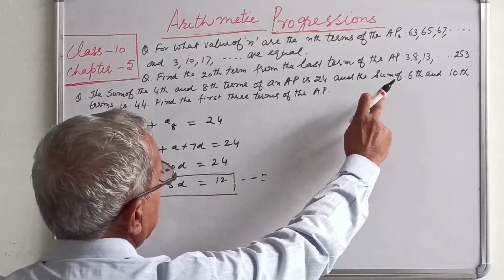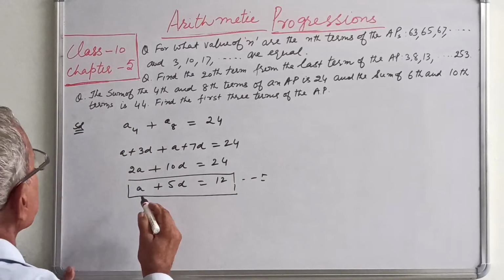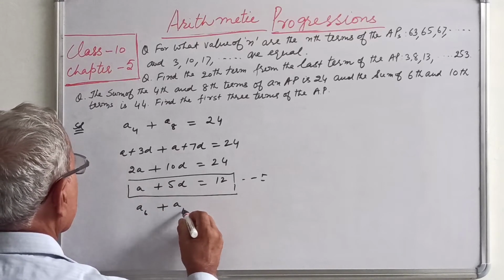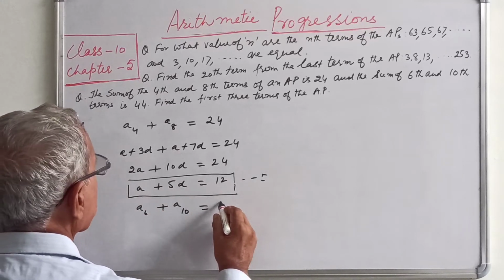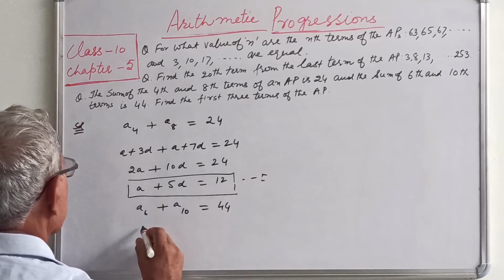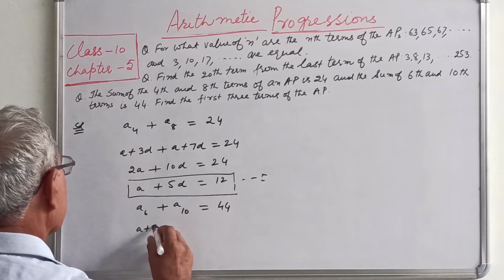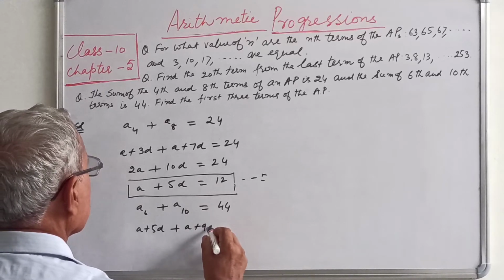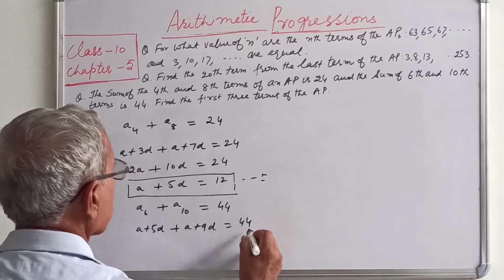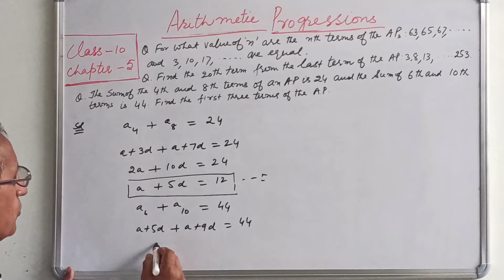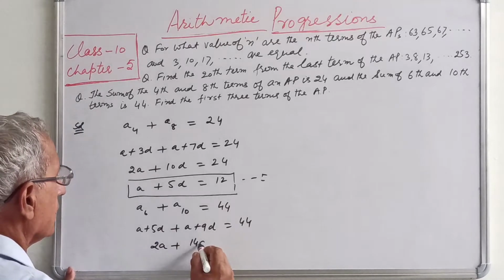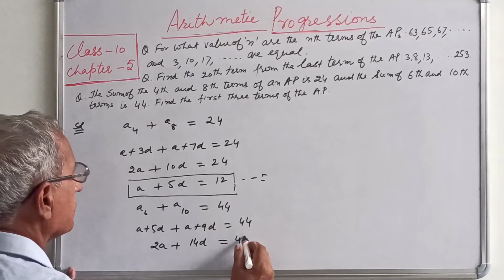Next is the sum of the 6th and the 10th terms. So A6 plus A10 is equal to 44. So A plus 5D plus A plus 9D is equal to 44. So 2A plus 14D is equal to 44.